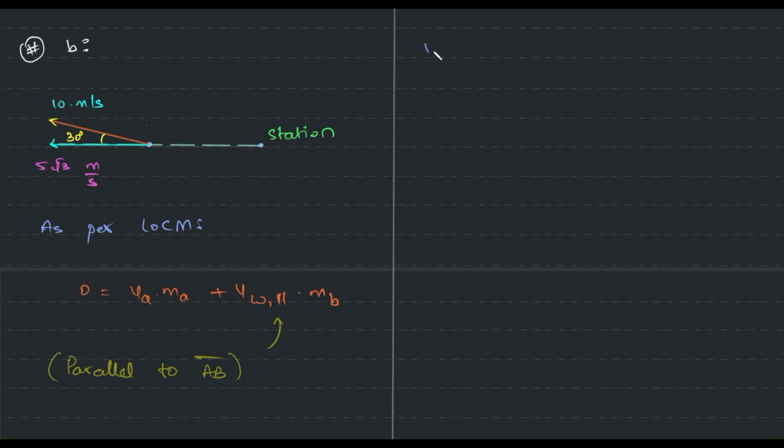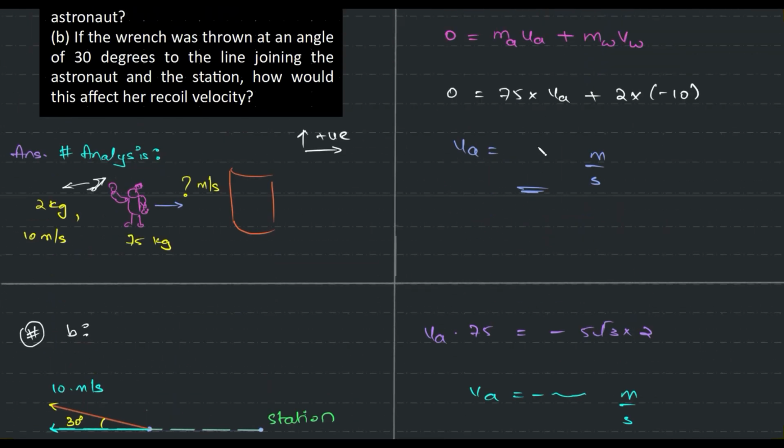So this is what we have to figure out. Mass is 75 kg minus 5 root 3 times 2, and whatever this answer is, meter per second. Negative indicates, oh no, sorry, positive.